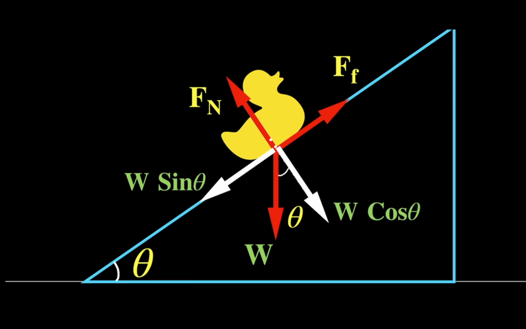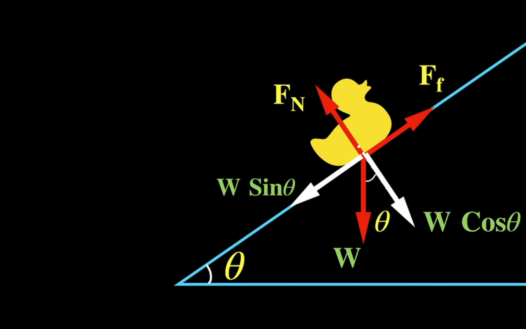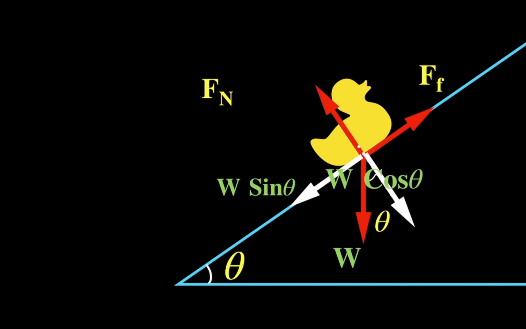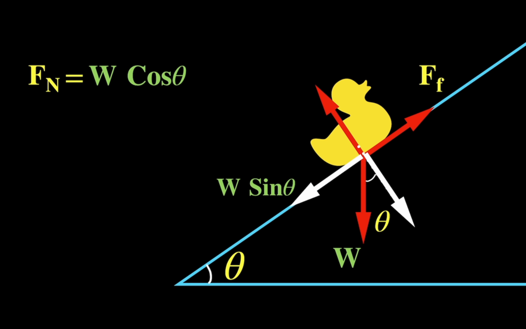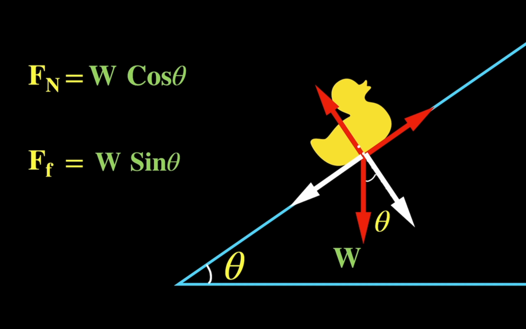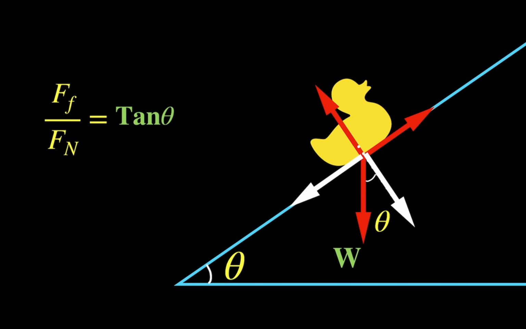Since there is no motion perpendicular to the ramp, we can say that Fn should be balanced by W cos theta. Furthermore, the duck doesn't slip down the ramp, therefore we should write that the force of friction should be balanced by W sine theta. If we divide these two equations, we get force of friction over force of normal equals tan of theta.